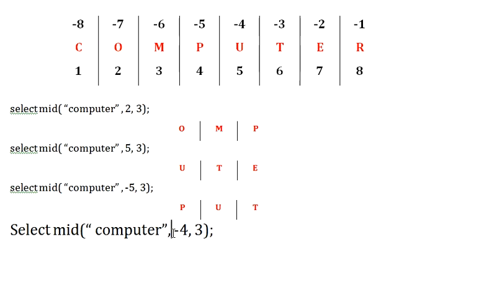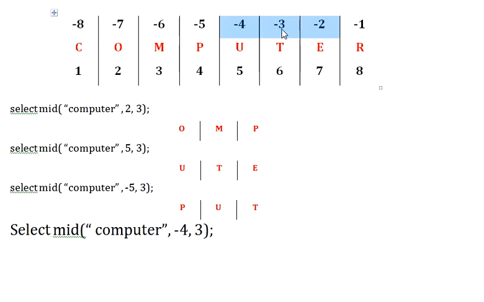So from the right side it directly goes to the fourth position, minus 4 position. From here it has to fetch the 3 characters. So it will be going from minus 4 towards the right side: minus 4, minus 3, minus 2. These are the 3 characters it will have, 1, 2, 3.